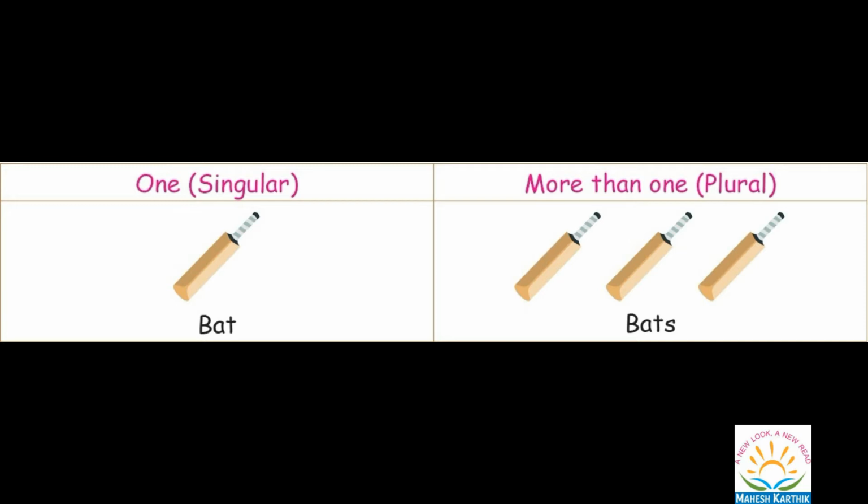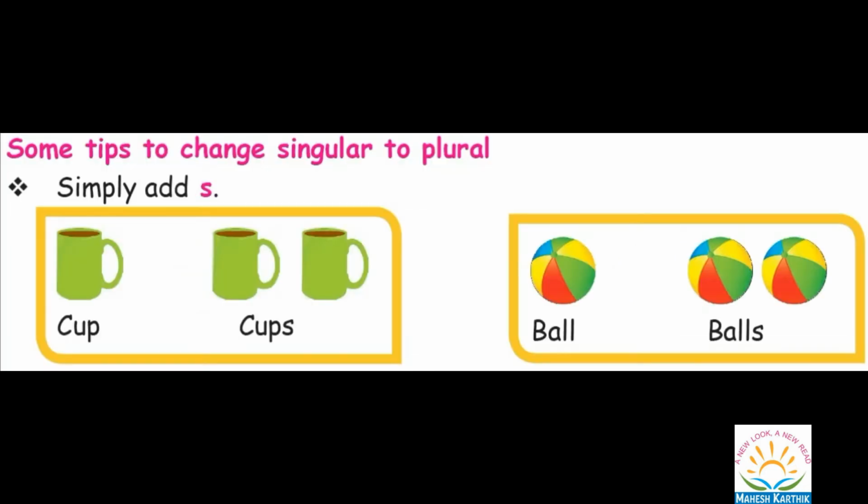Example for plural: there are more than one bat, so it should be denoted as bats.